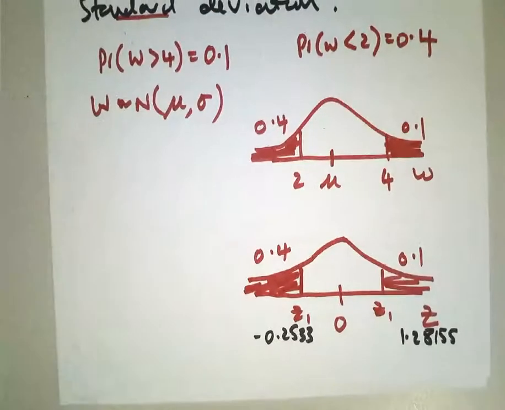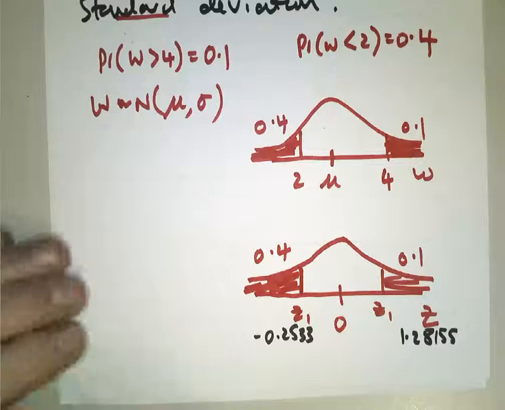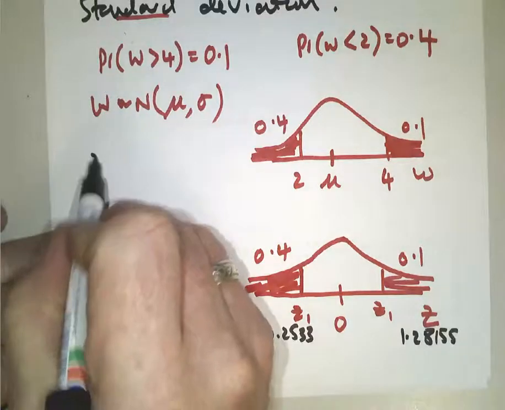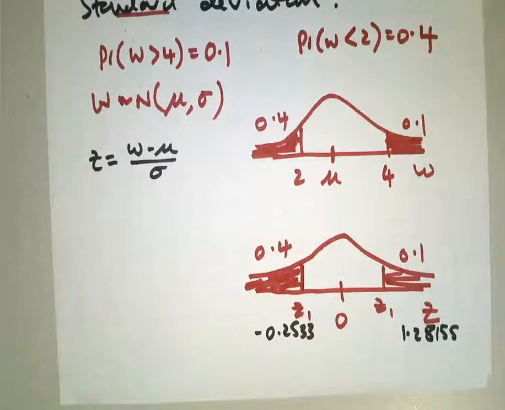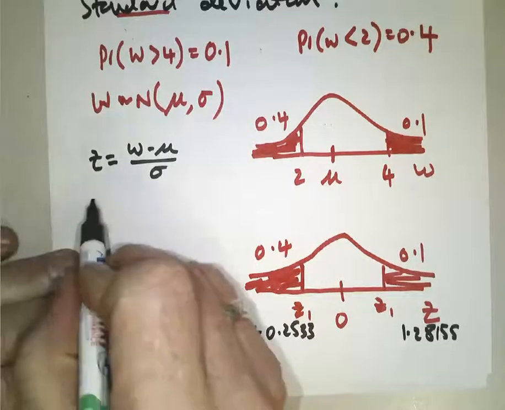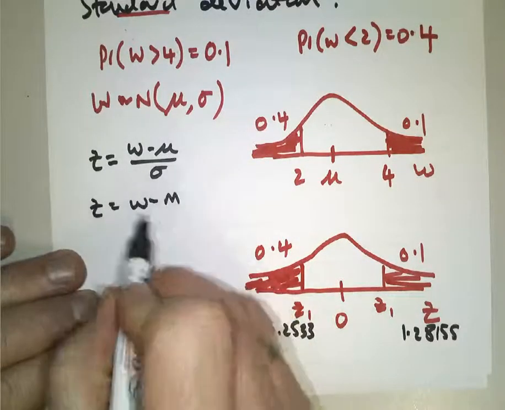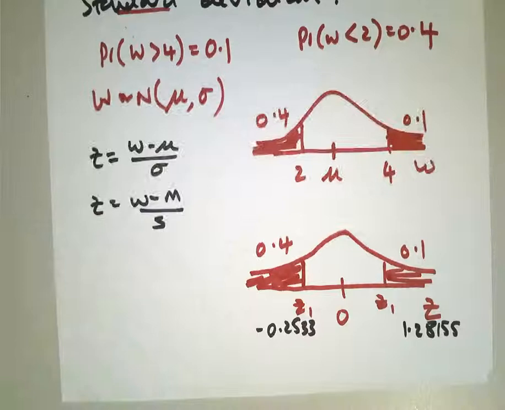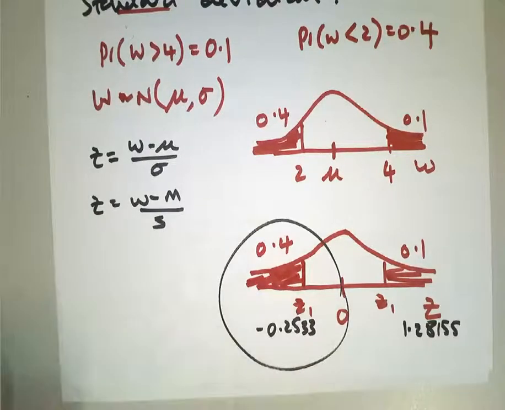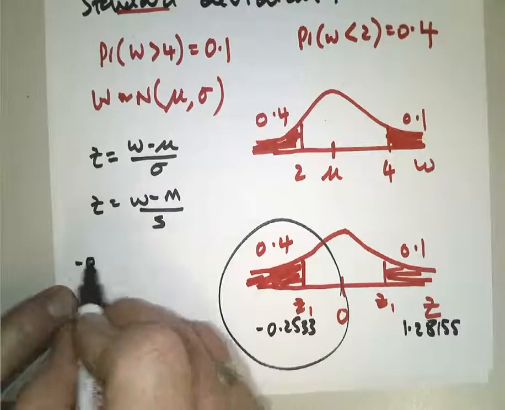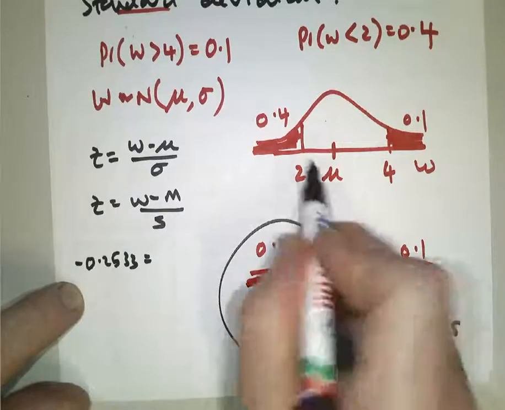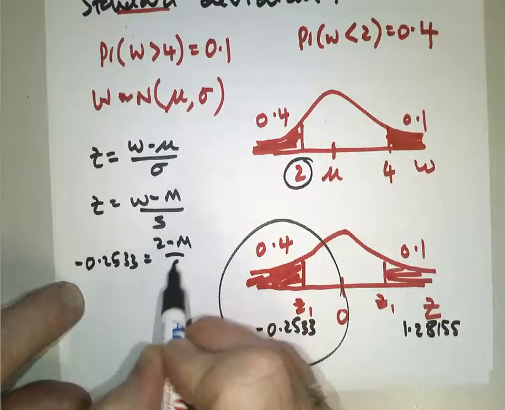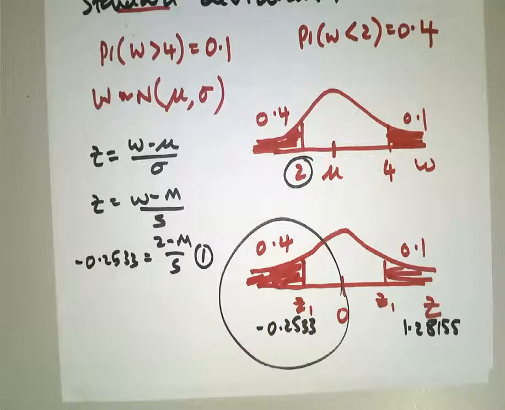Okay, now with that information, I can generate two equations. I know that Z will equal W minus the mean over the standard deviation. Now, I might use Z equals W minus M over S. Using the first piece of information, I know that negative 0.2533 will equal W, which is 2, minus M over S, and that's equation number 1.